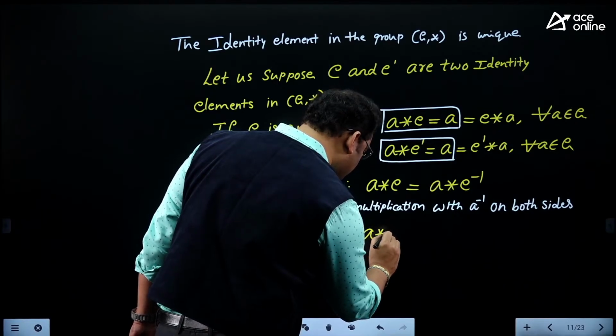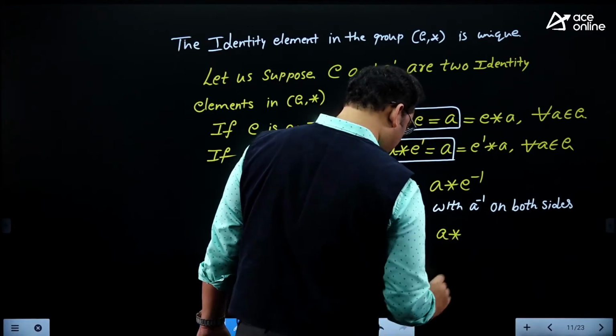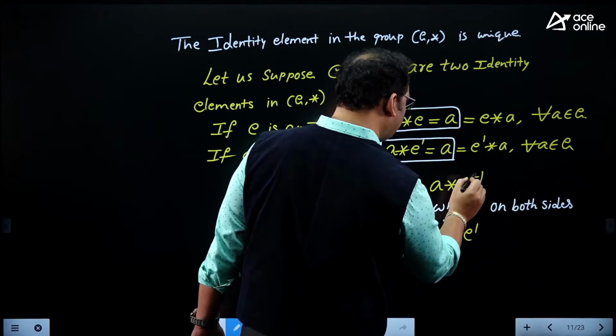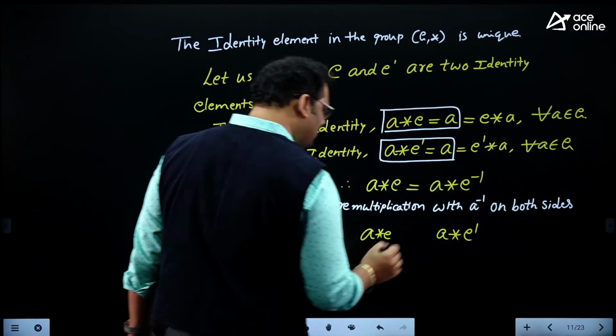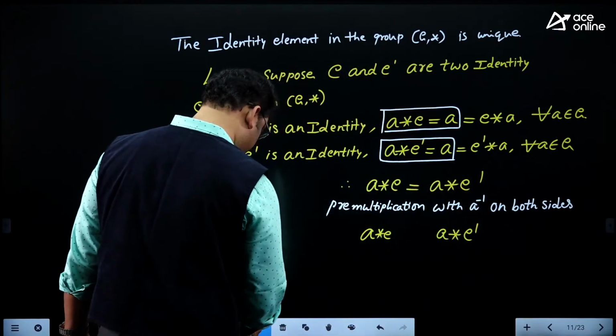The above equation appears like this, my dear. A star E is here, and here we have A star E dash. My dear, this is E dash. It is not E inverse, it is simply E dash.